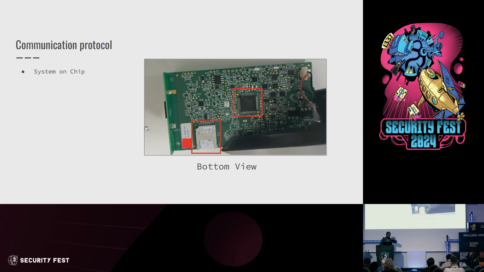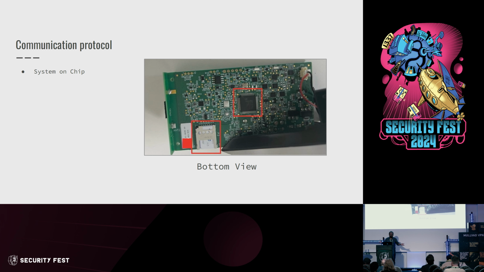And when you turn the device around, you see the SoC, the system on chip. And the funny part is, along with the baseband chip, there's also a plastic SIM there.